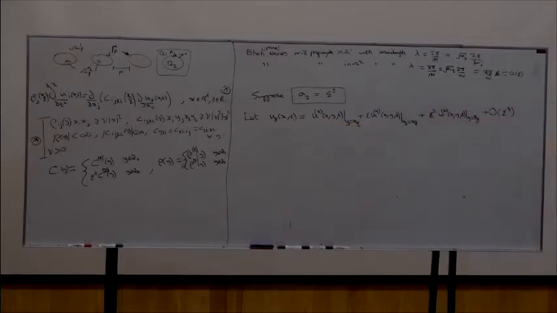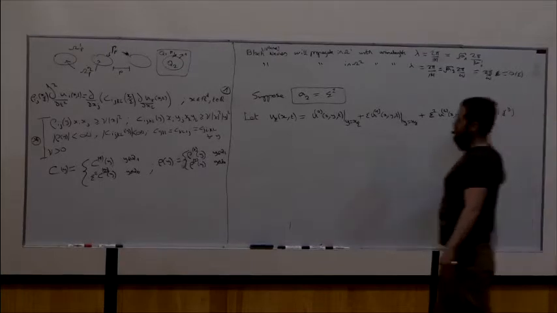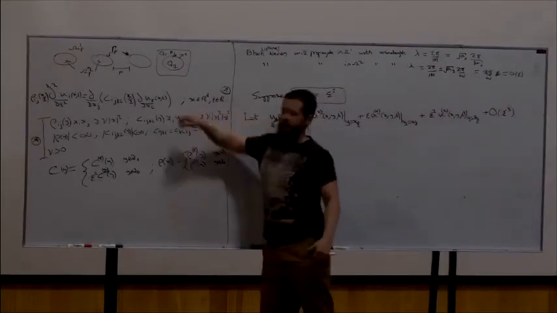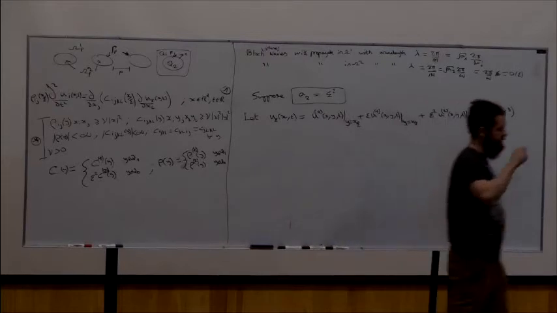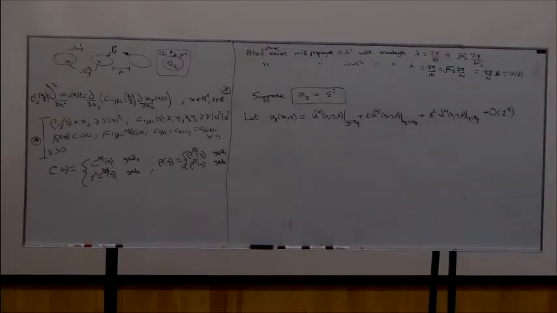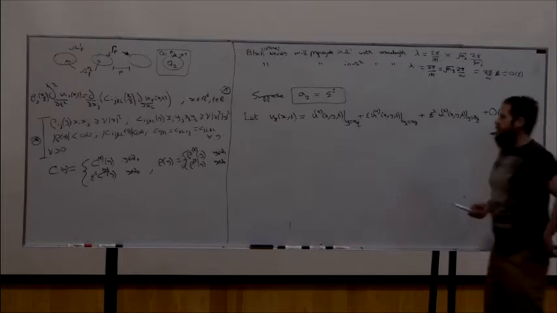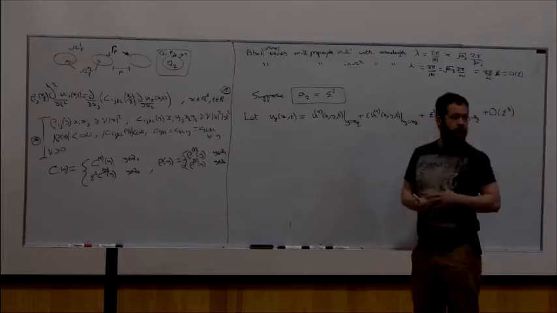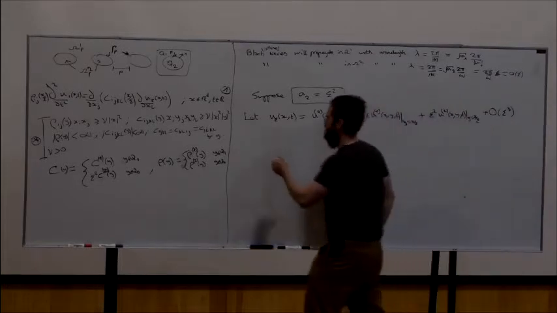The way we do this is by substituting this ansatz into the equation, and then gathering the terms with equal powers of epsilon and equating coefficients.